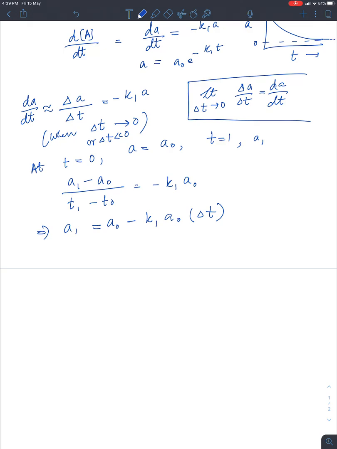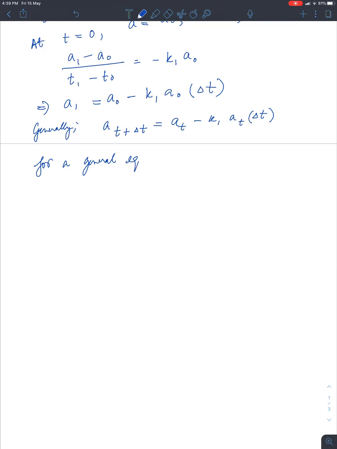So this is how it works for a general function. Generally A(t plus delta t) is equal to A(t) minus k1 A(t) into delta t. For the general equation that we started with, dA dt is equal to f of A, what do we have?